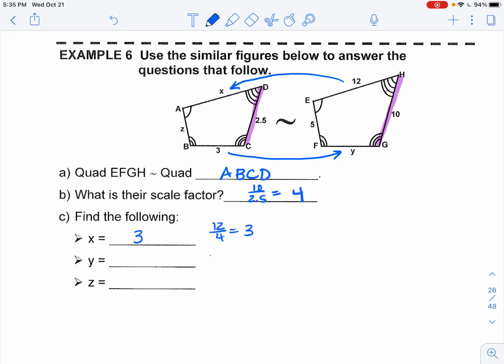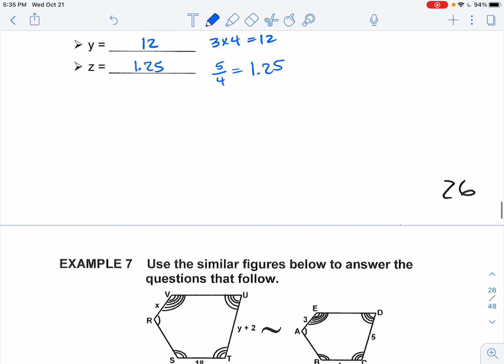I would need to multiply by the scale factor. So 3 times 4, and this guy would equal 12. And the last one, if I'm starting at 5 and I'm going to z, it's going to be 5 divided by 4. And, well, I guess we can leave it as a decimal. That's going to be 1.25.